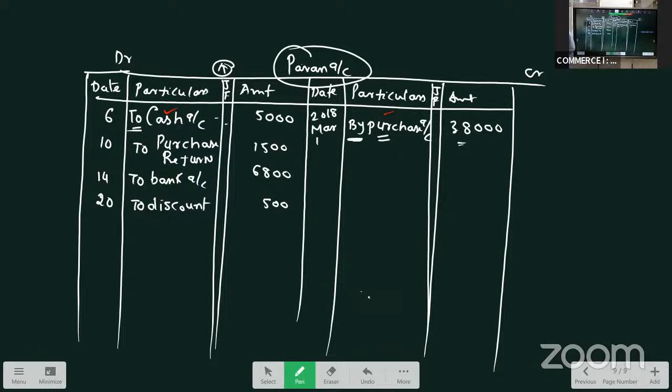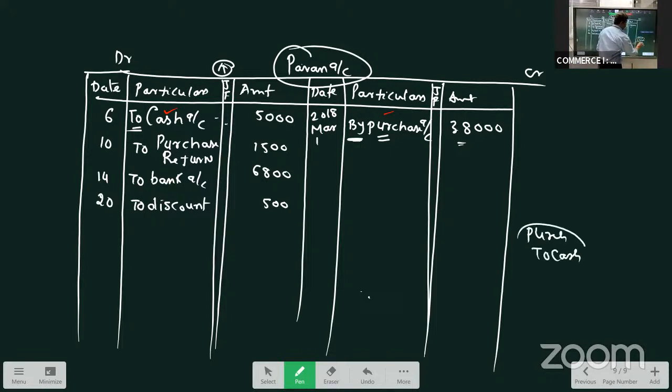Then next one is 26, goods purchased from Pawan for cash. Very important to note this. Yesterday I told you when we are preparing personal ledgers, we will not take cash purchases. We will not take cash sales. Why? When we are purchasing goods and paying cash, the general entry would be purchases account debit to cash account.